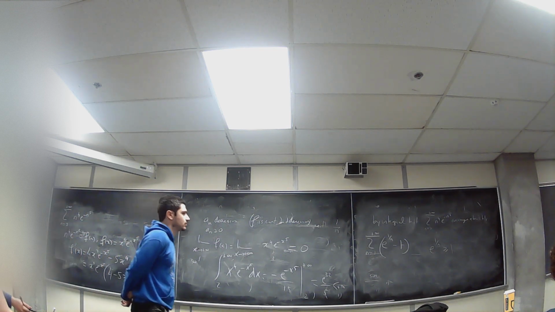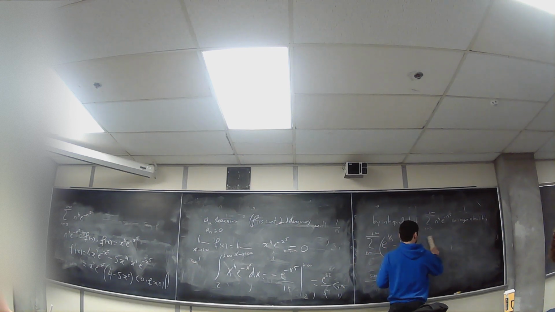Now what do I know about this limit? You can do it in many ways. What is this? It is just the derivative of e to the x at 0, right?